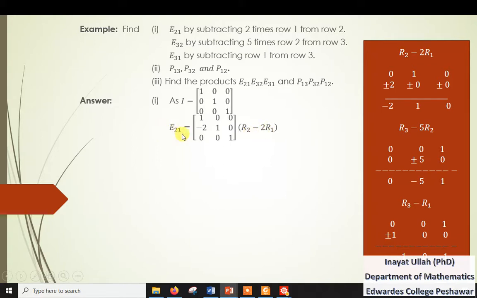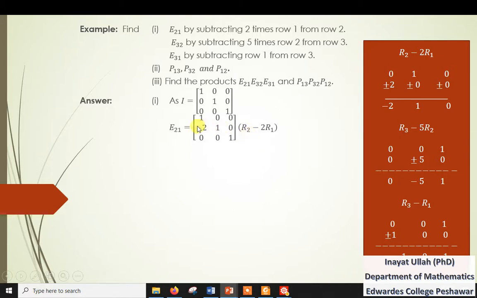This is E21. If you look at this E21, we have subtracted 2 times row 1 from row 2. So 2 times row 1, just look at this, minus 2 is here. Whenever you are subtracting 2 times row 1 from row 2, changes will occur in row 2.